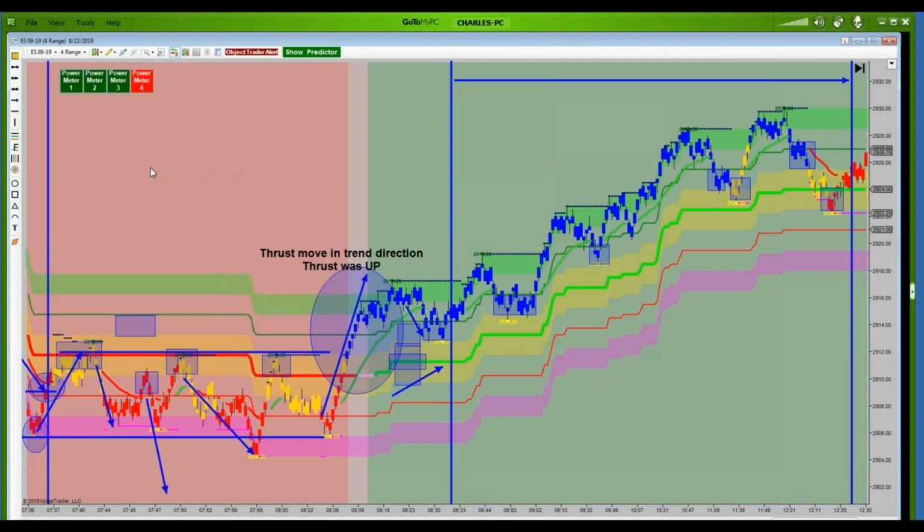By definition, in an uptrend, each of the pushes up are considered part of our thrust moves. Movement that comes in the opposite direction, which is down, is considered the retracement. So that's how the uptrend works: thrust, retracement, and so on.